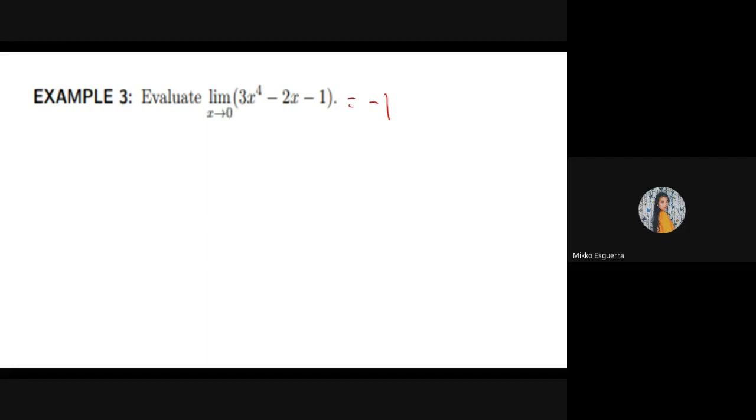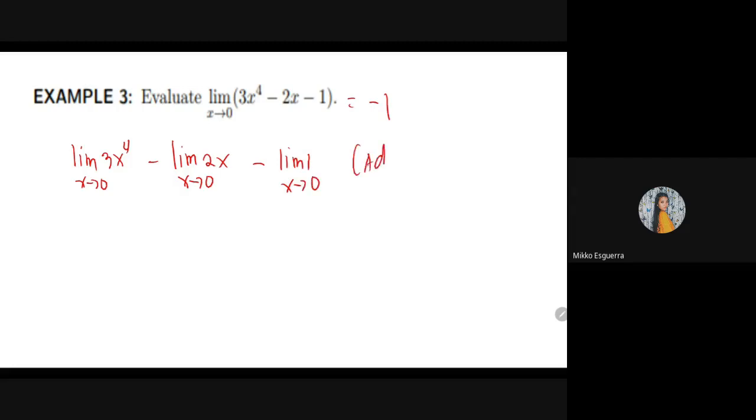Then you show the teacher that the limit of 3x to the fourth minus 2x minus 1 as x approaches 0 is equal to -1. So the explanation, as what your classmate Miko is sharing, is that it will be the limit of 3x to the fourth as x approaches 0 minus the limit of 2x as x approaches 0 minus the limit of 1 as x approaches 0.